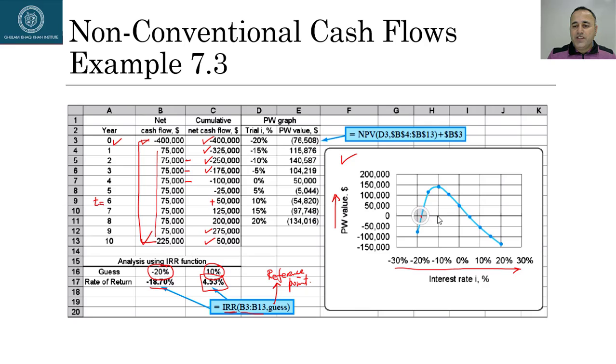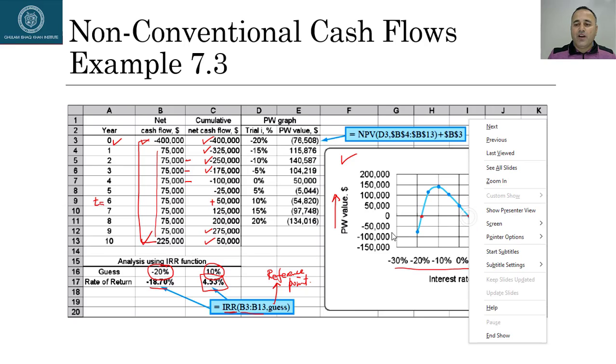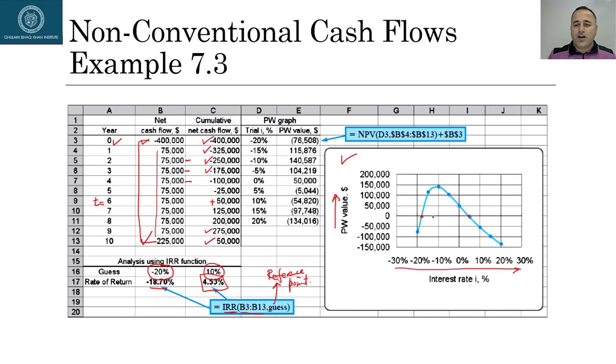And you can visually see that there are two IRRs, because we can visually see that the present worth at these interest rates is equal to 0. So we have actually more than one IRR. Now my real problem is, which IRR should I use for my project selection? Okay, and we will learn about these techniques.